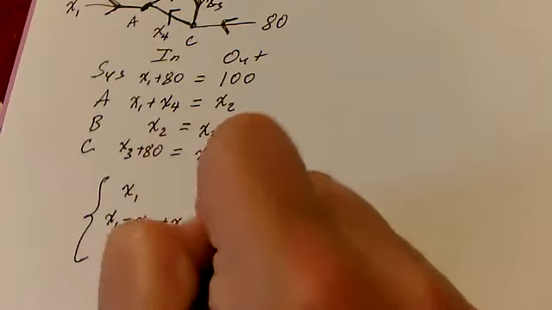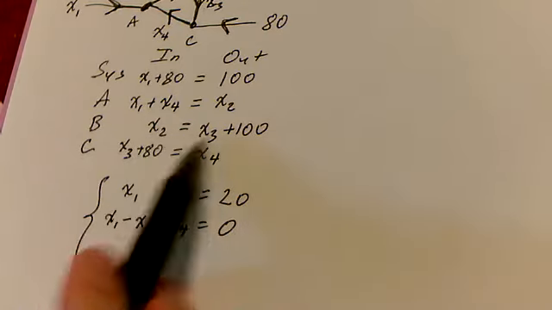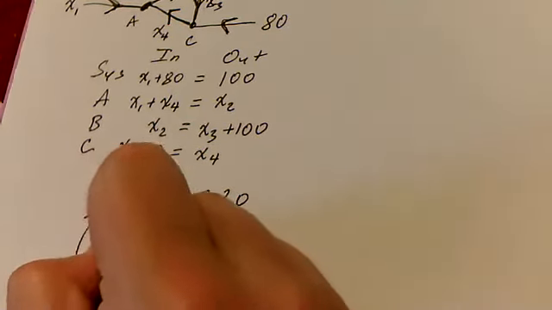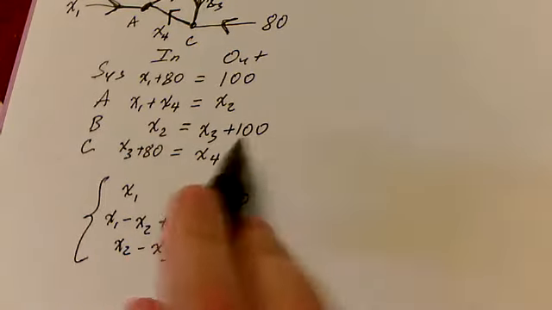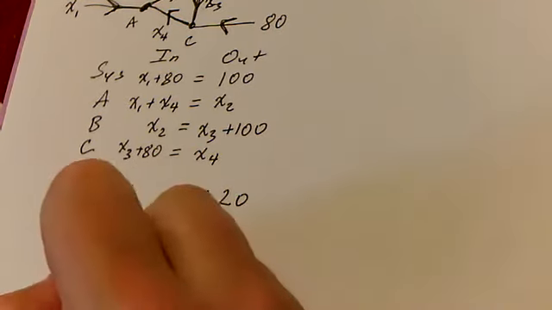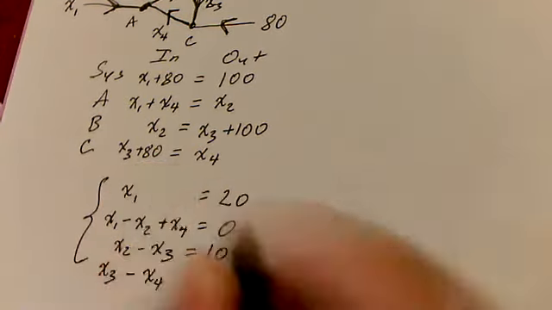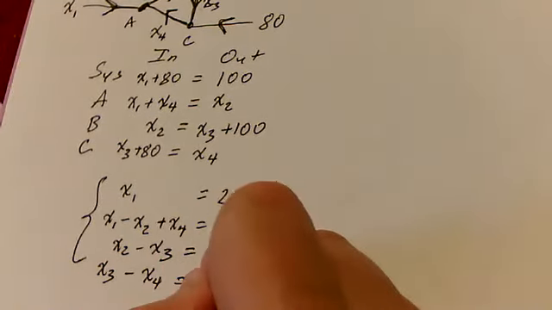That's all I have there, so it equals 0. At B, I have x2, but I bring the x3 over, so x2 minus x3, and that's going to equal the 100. And then here I have x3 minus x4, but now I need to get the 80 over to the right-hand side to be my constant, so that is negative 80.